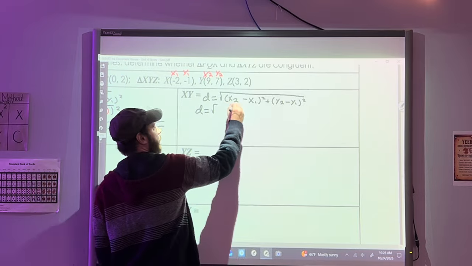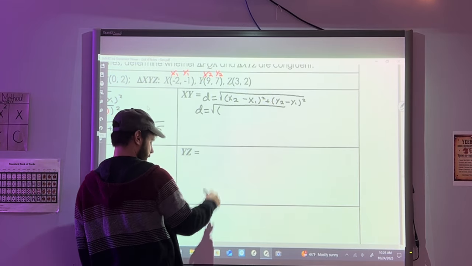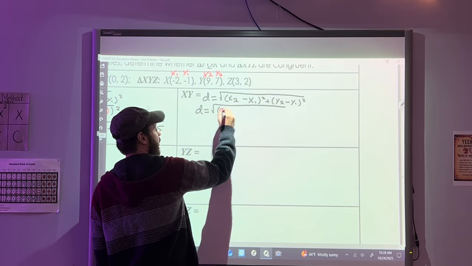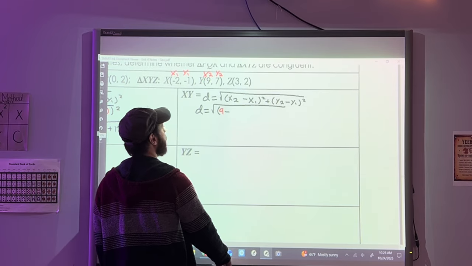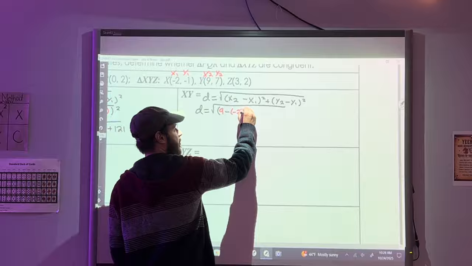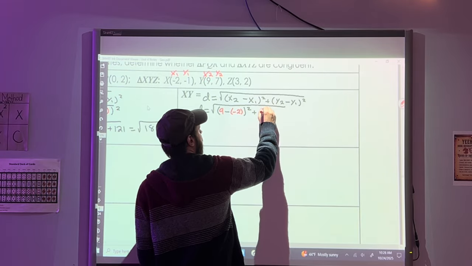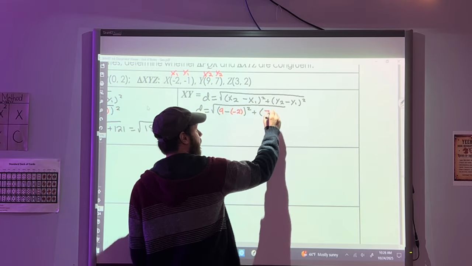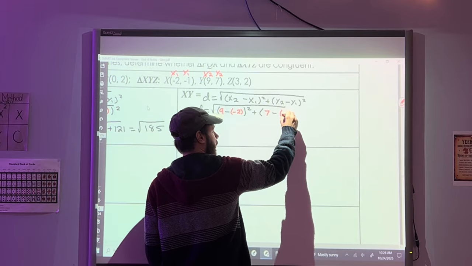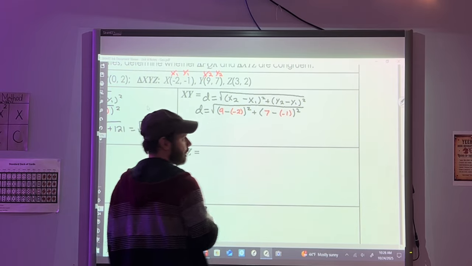Distance equals big ol' square root x2, which was 9, minus x1, which was -2. Close it, square it, add y2, 7, minus y1, -1. Close it, square it.